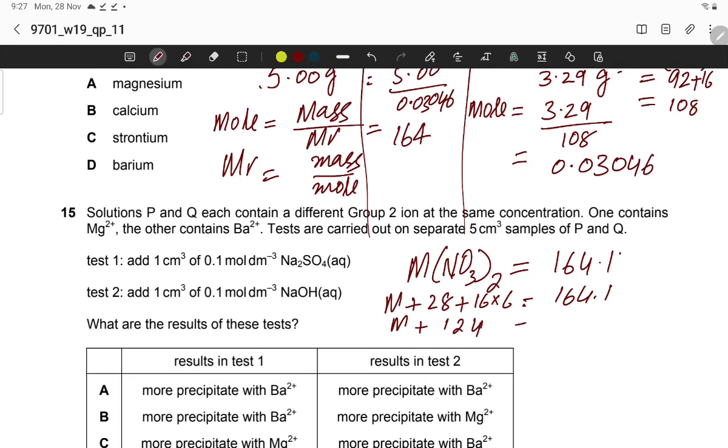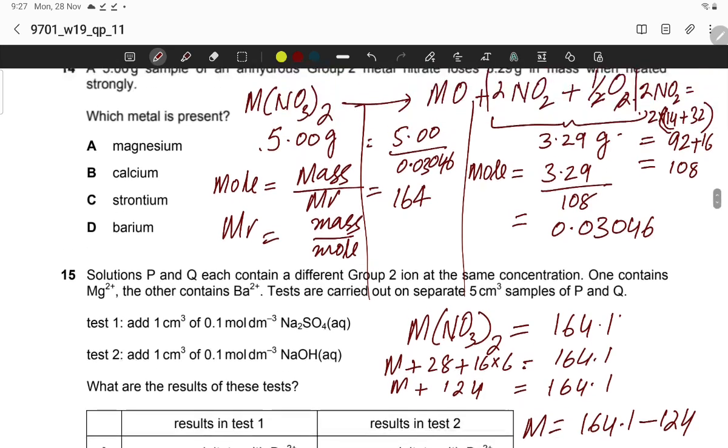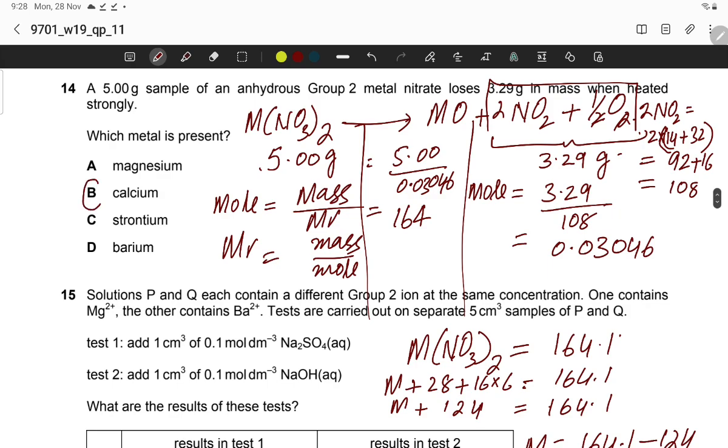Now 164.1, so M is equal to 164.1 minus 124, which is 40.1. So the answer is calcium.